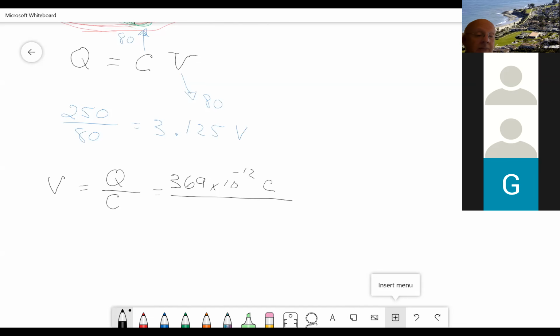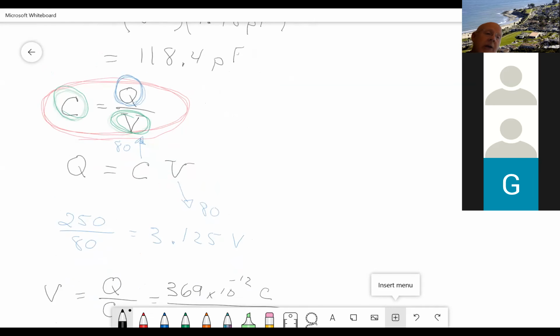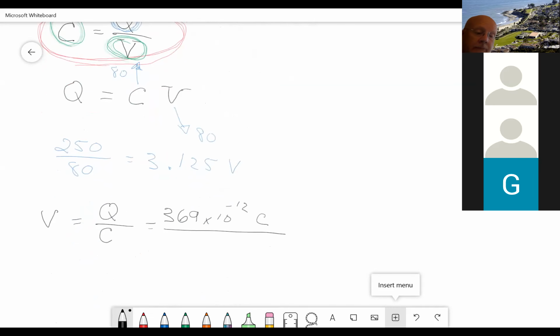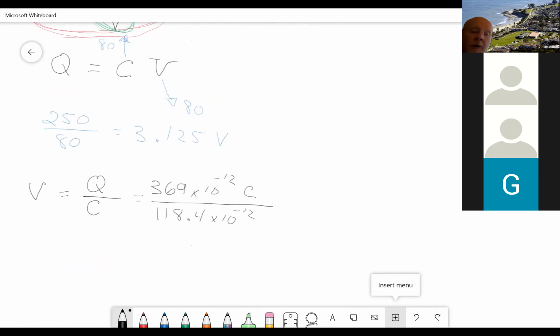So it can get confusing, but I'm actually using the number after because I want to know the voltage after, so I need to use the charge after and the capacitance after. And the capacitance after is what we just did here, 118.4 picofarads.